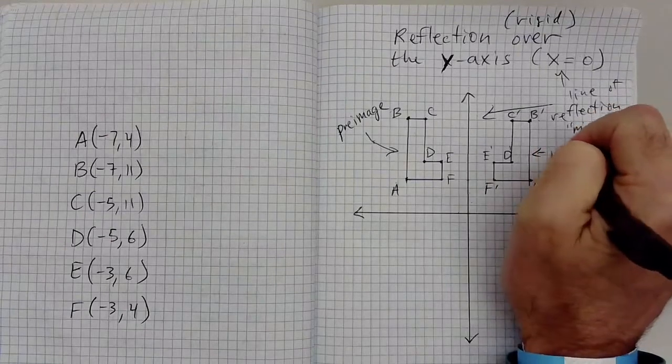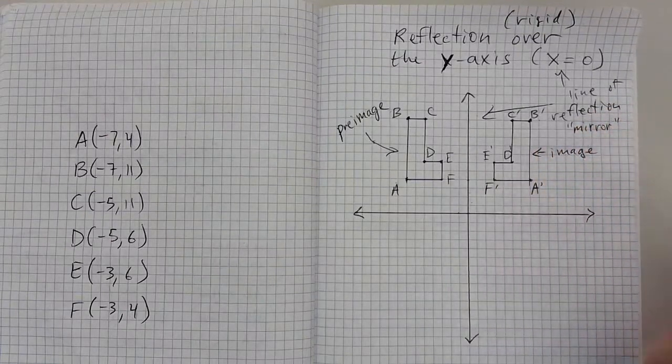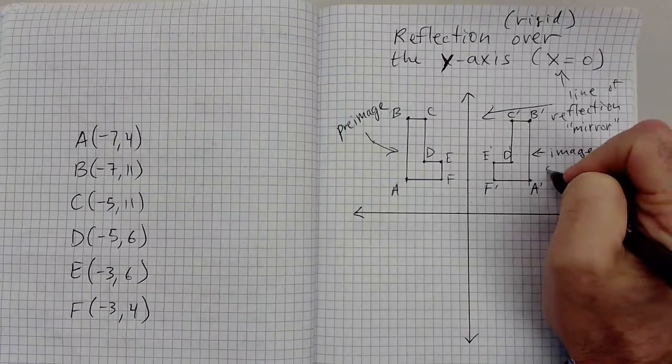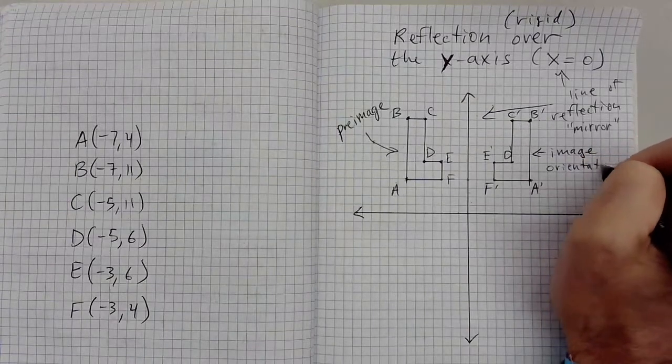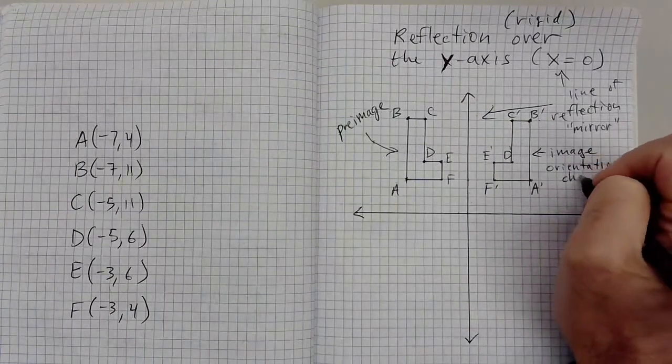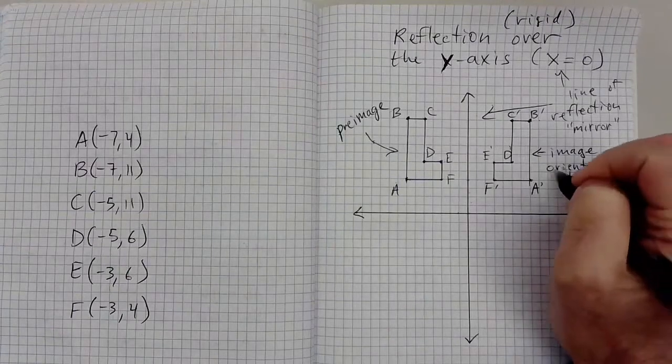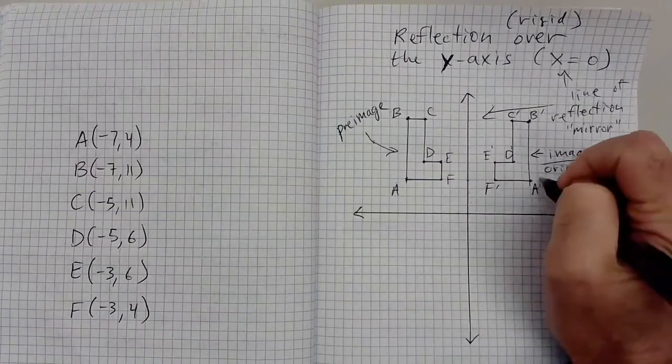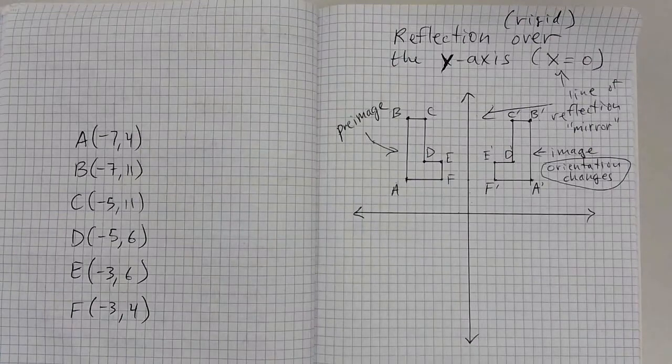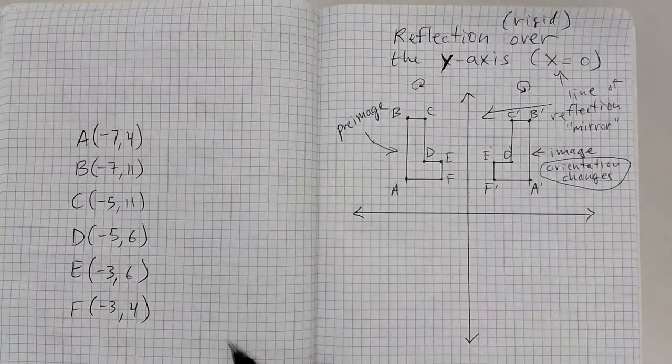This, of course, is our image. And the orientation changes. Okay? This is important. Only in a reflection does orientation change.